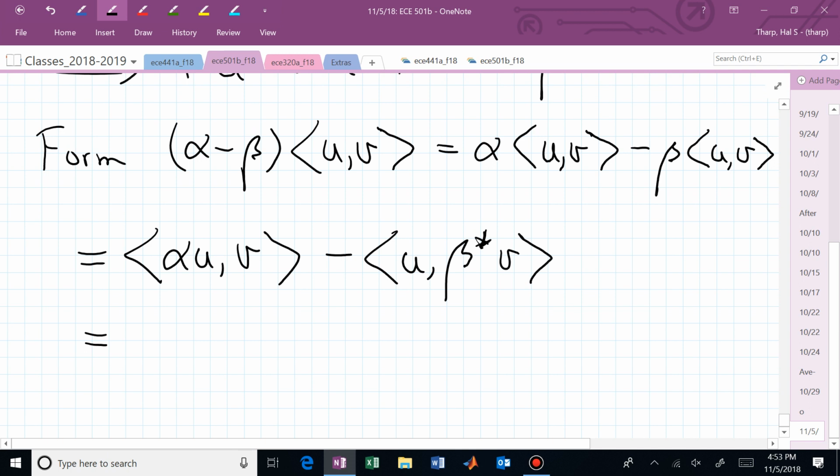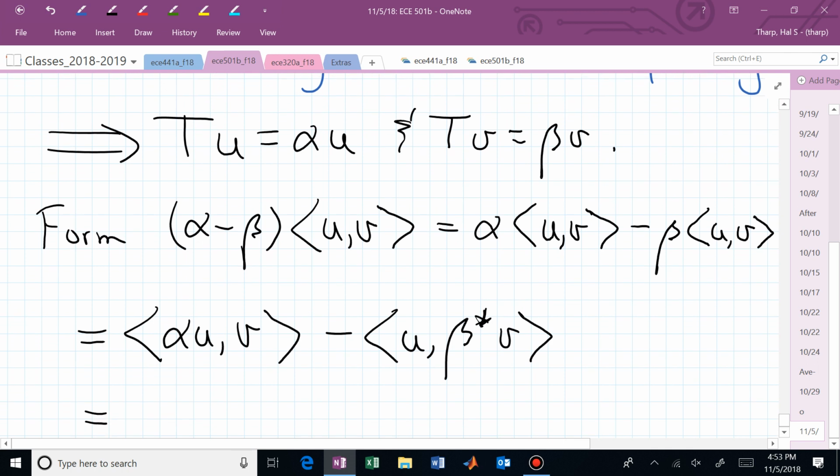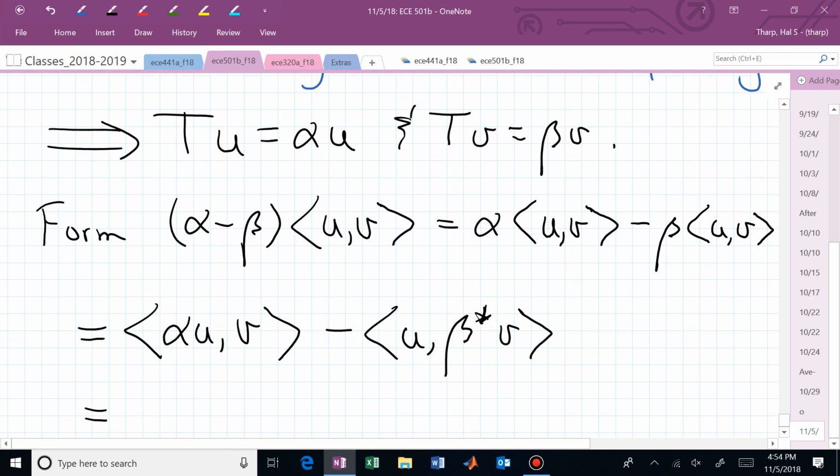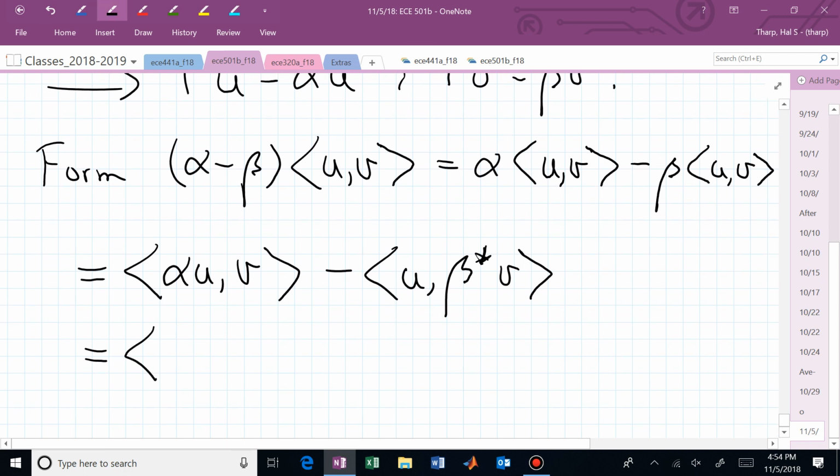But what do I know? Alpha u equals tu, right, by the eigenvalue-eigenvector relationship. So now in the first slot, I actually have tu inner product with v. And what do I know about beta star in the second slot?